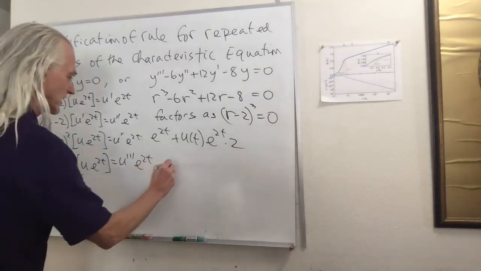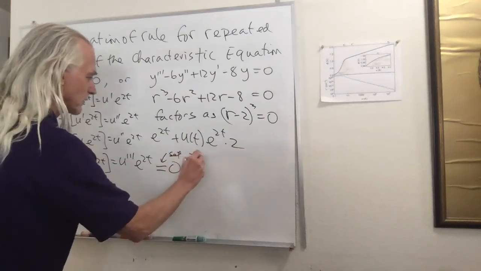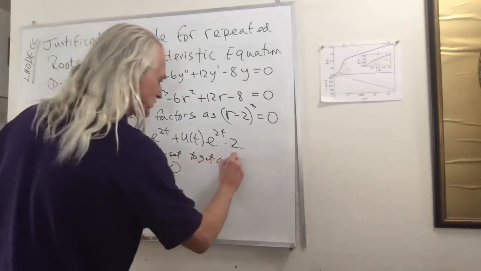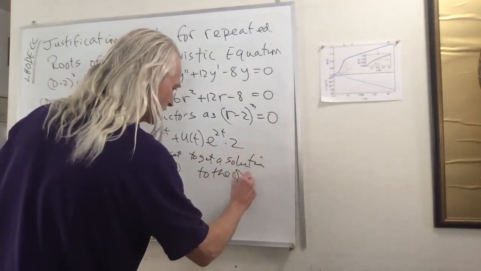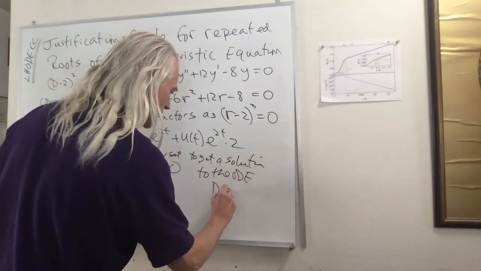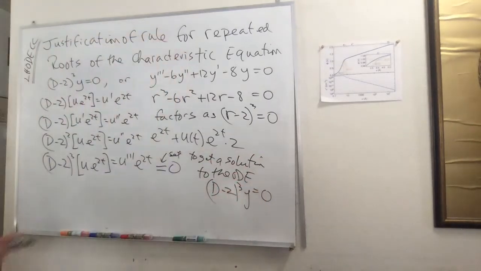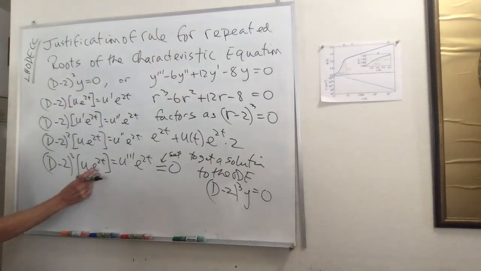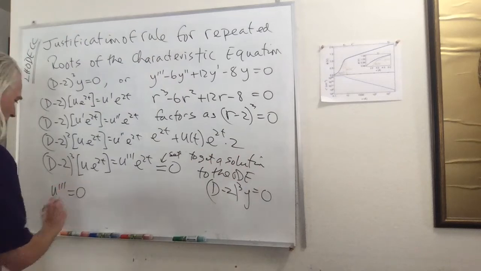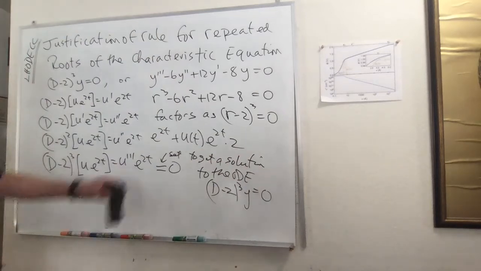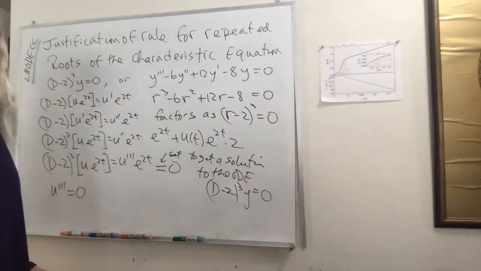So that should be set equal to 0 to get a solution to the ODE. The ODE is (D minus 2) cubed y is 0. So if this y is a solution, then u triple prime is 0, right? Because e to the 2t ain't never 0. Oh, but this, we know the solution to this.